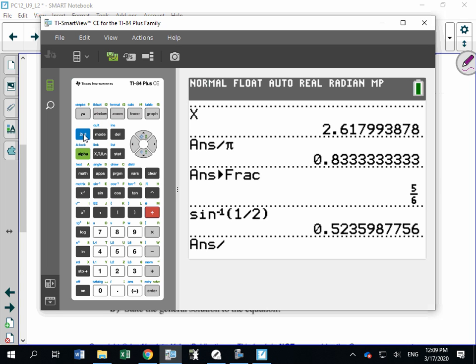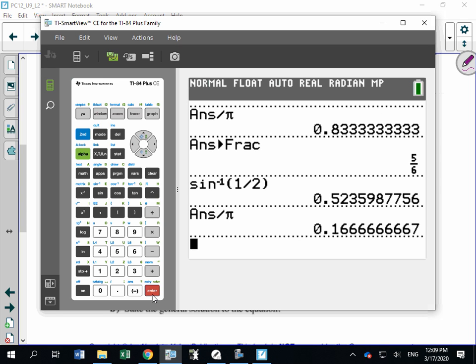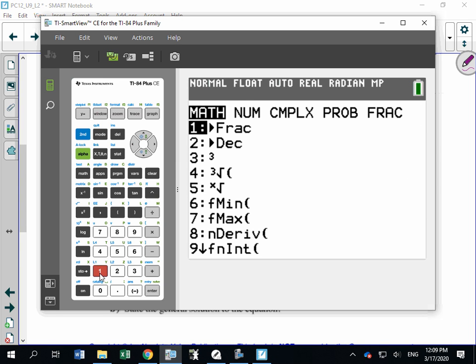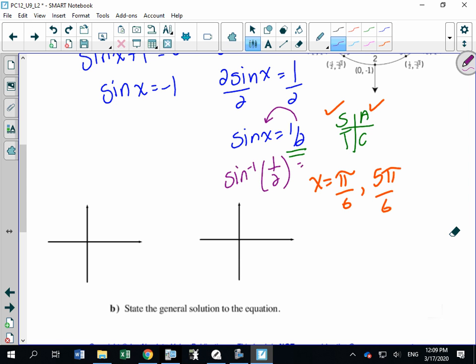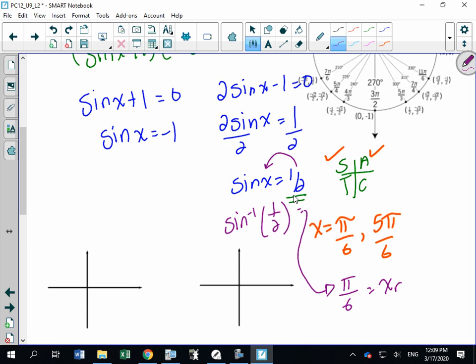Divide that number by pi, and math fraction it. My reference angle is 1 pi over 6, which is pi over 6. So this gives you pi over 6, which is equal to x r, which is theta r, your reference angle.